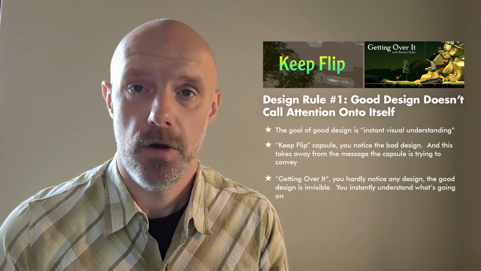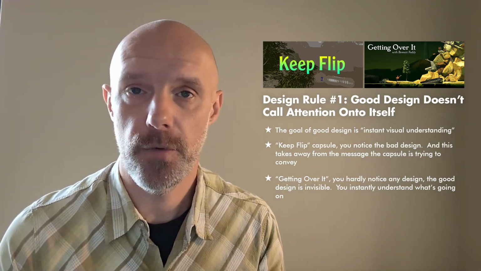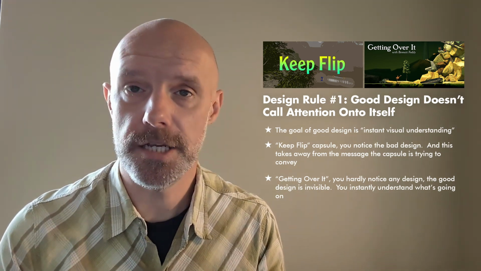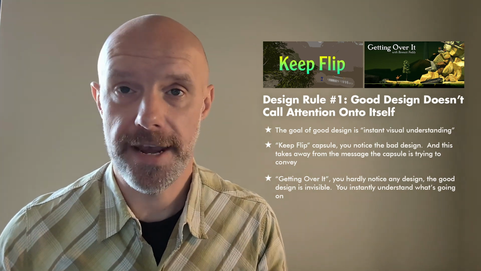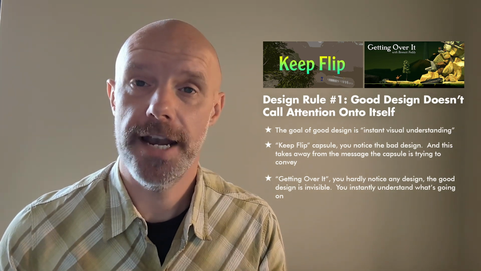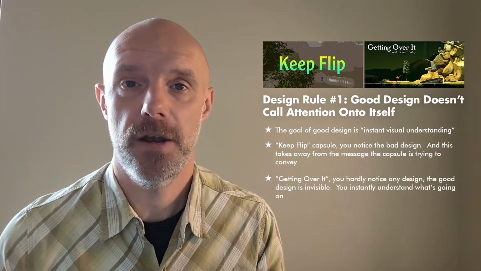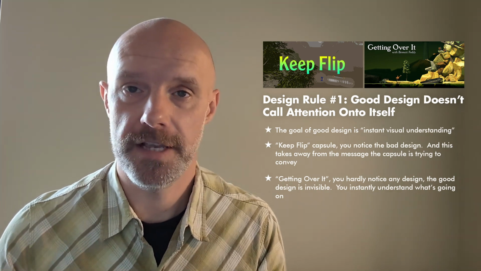When you look at the first example, the Keep Flips capsule, you'll notice the bad design right away. And this takes away from the message the capsule is trying to convey. But with the second example, the Getting Over It capsule art, you hardly notice any design, and the good design is invisible. You instantly understand what's going on, even though you might not be consciously aware of everything that's going on.